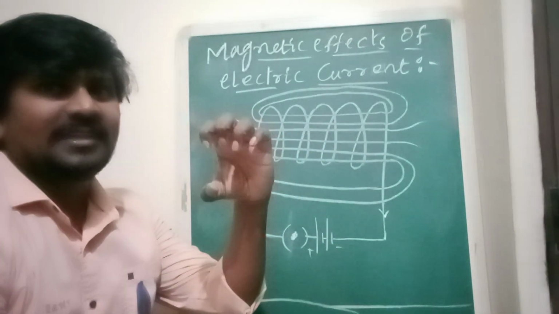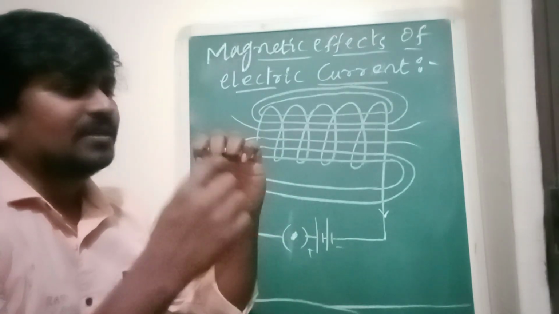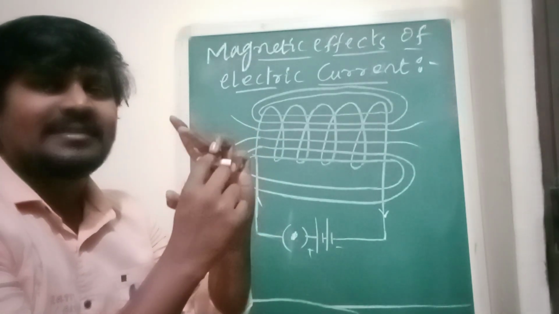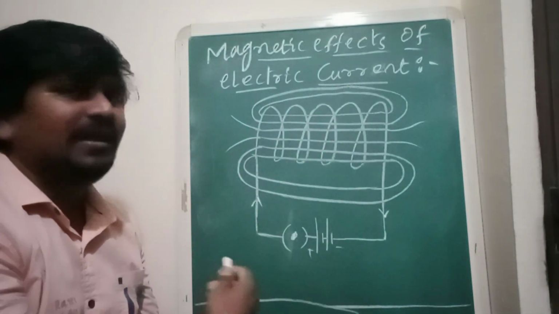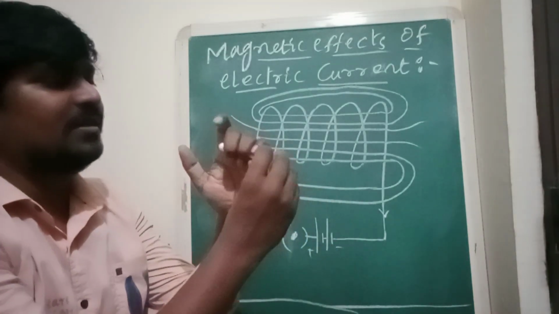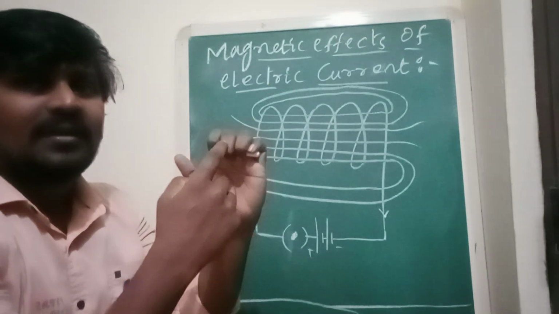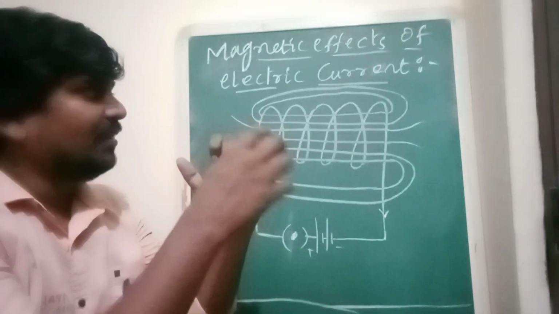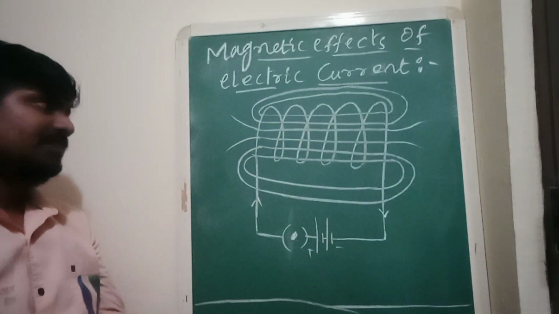So this soft iron gets magnetized. At the same time, overall the magnetic field will be increased. Why? Because you placed the soft iron, it gets magnetized, and this field will be added to the magnetic field of the solenoid.